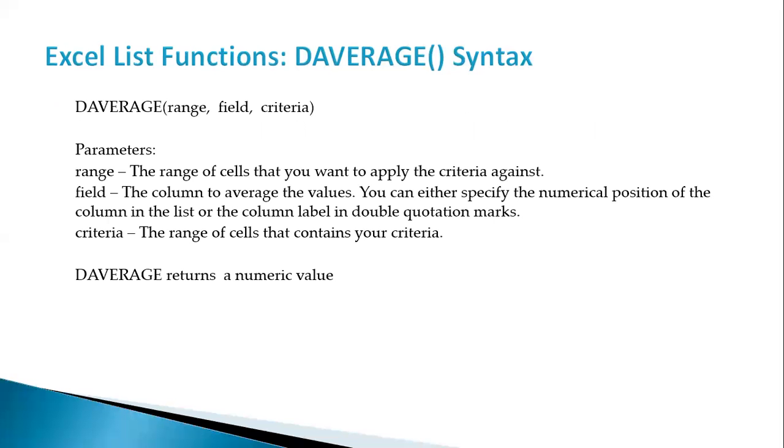The syntax is, as I said, similar to the dsum function, because you need the range, you need the field, and then you need the criteria. And the meanings of these parameters are just the same as the meanings of the parameters for the dsum function. And so we'll just briefly look at it in Excel, just see how it works practically, and then we'll proceed.